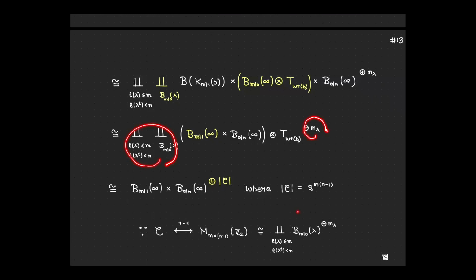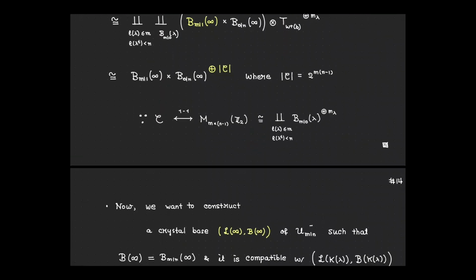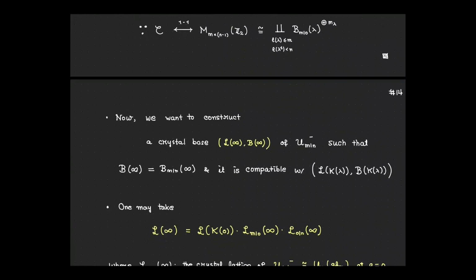But with the skew RSK correspondence, we can identify this set as the set of binary matrices. So its cardinality is 2 to the m times n minus 1. Okay, so that's the decomposition of our limit crystal.